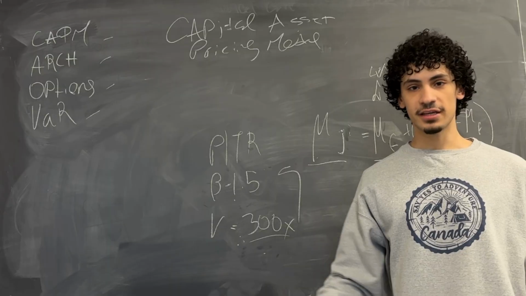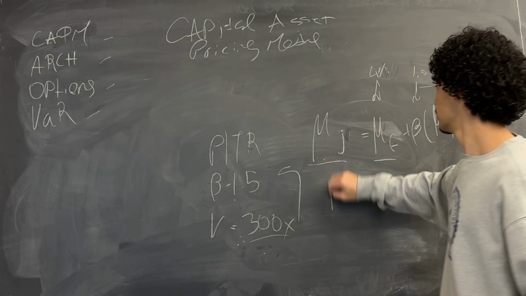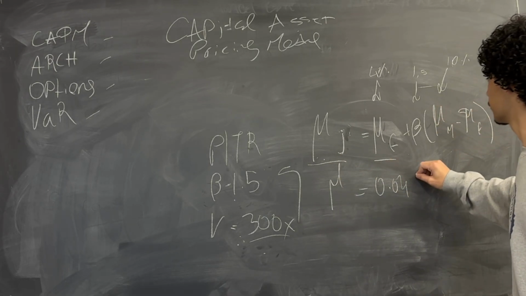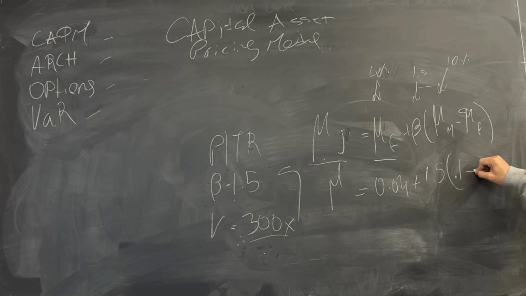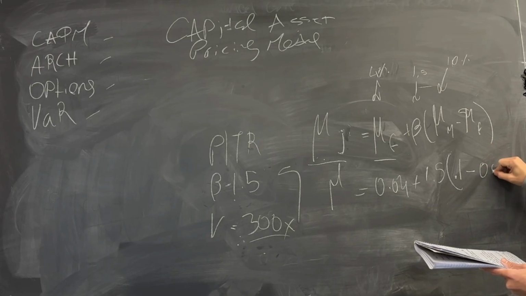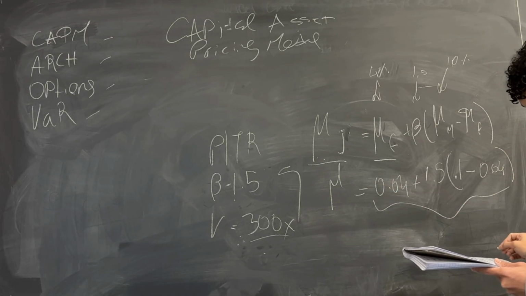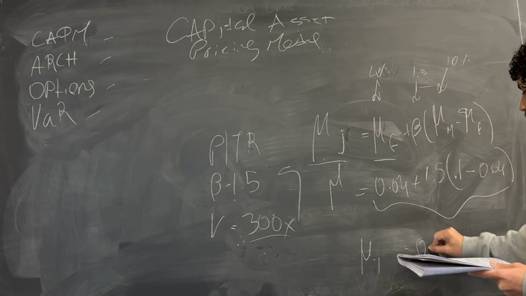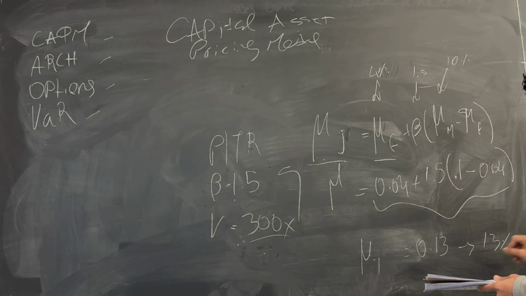So with these assumptions, what can we say about this stock? Well, 0.04 plus 1.5 times (0.1 minus 0.04) equals 0.13, which is 13%.